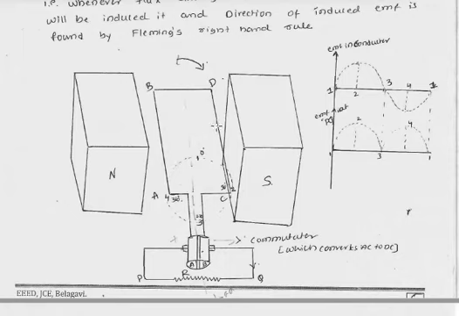When this coil makes a half rotation, the positions of A and B will change. If I rotate this 180 degrees, A will come to this side and B will go to the other side. When that happens, the negative half cycle automatically becomes a positive half cycle as far as the load is concerned.